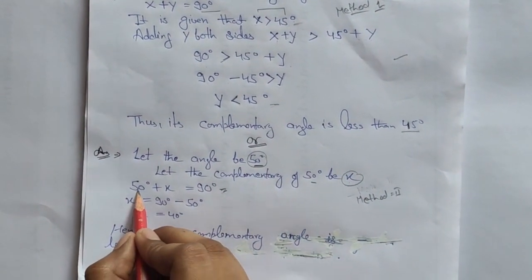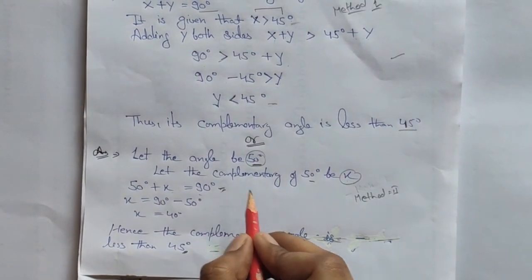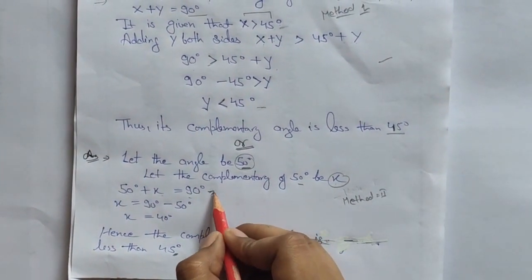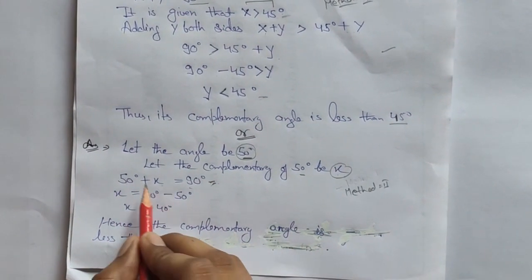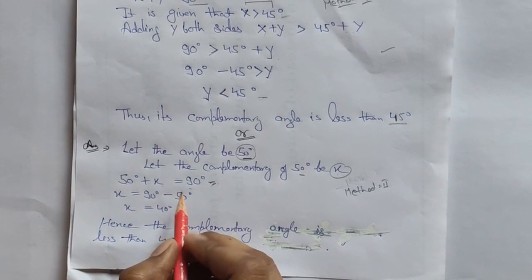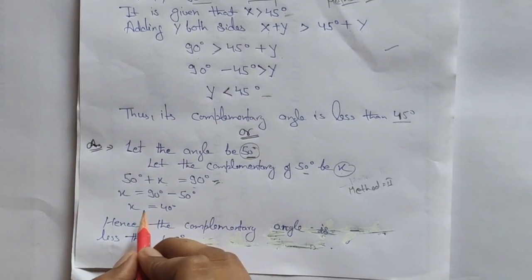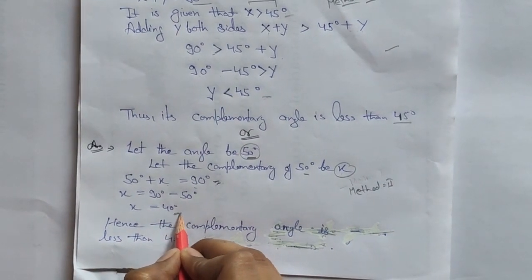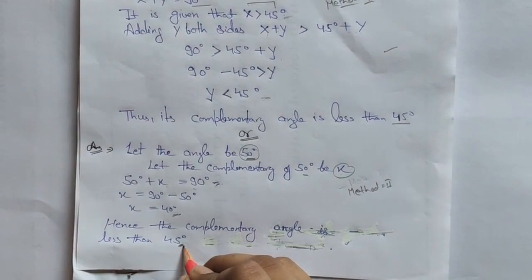So 50 plus x is equal to 90 degree, as you know that the sum of complementary angles is 90 degree. So x is equal to 90 minus 50, which is 40 degree. So x is equal to 40 degree. Hence the complementary angle is less than 45 degree.